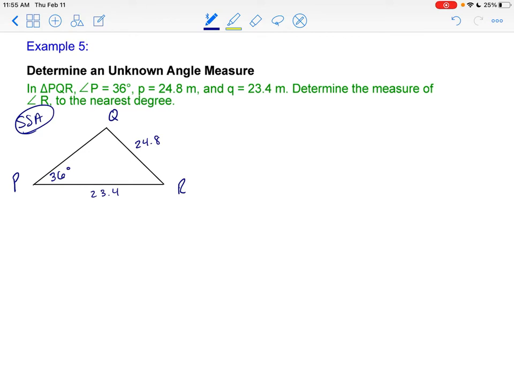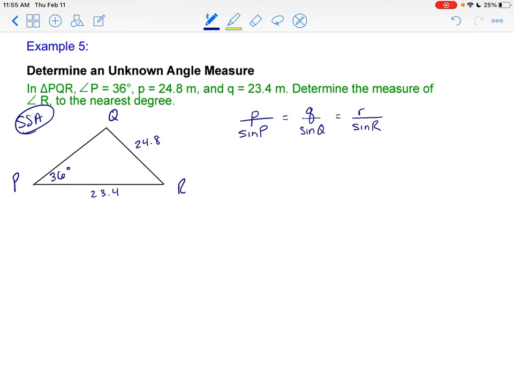for what this angle could be. So let's set up the sine law for what we know, and I'm going to use the letters in this problem. p over sine P is equal to q over sine Q is equal to r over sine R. So there's our sine law.